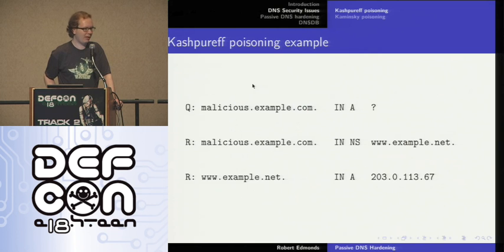I'm going to skip the actual example because it takes a while to explain, but the idea is that we have a malicious.example.com name, and we trick someone into looking it up, and suddenly this unrelated name, www.example.net, points anywhere we want.